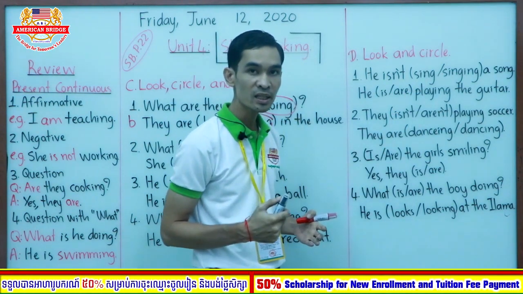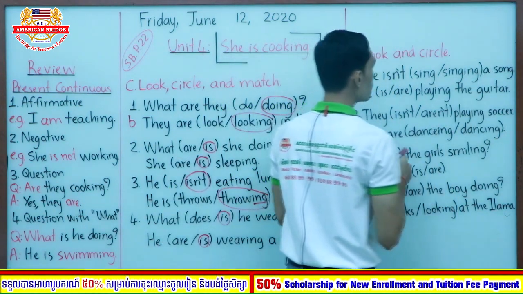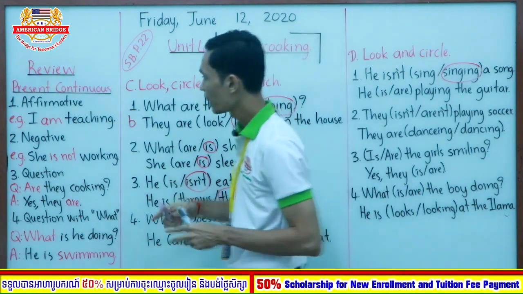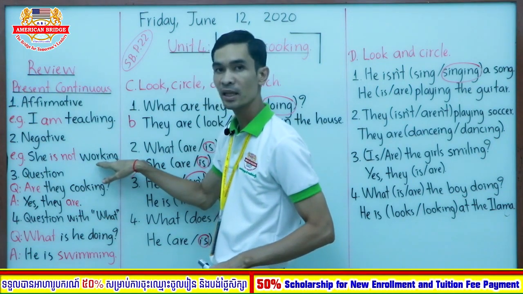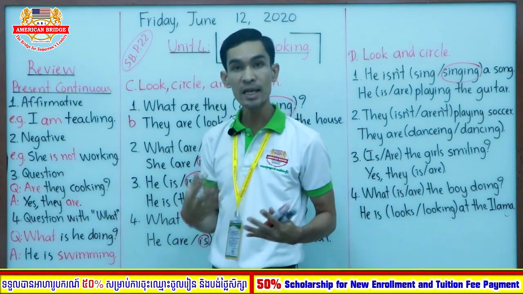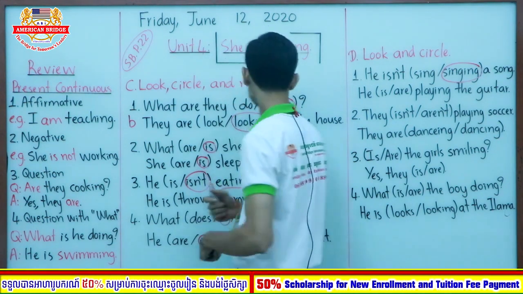He isn't singing. Very good. If you want to be sure, you can look at the form here. You add not after be and after that you add verb ing, right? So it's not, or you can say isn't.